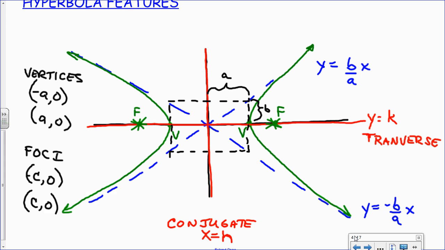Then the asymptotes. So the asymptotes are what's in blue, and those go through the diagonals of that rectangle. So I would draw my rectangle, draw the vertices, and then draw the asymptotes.